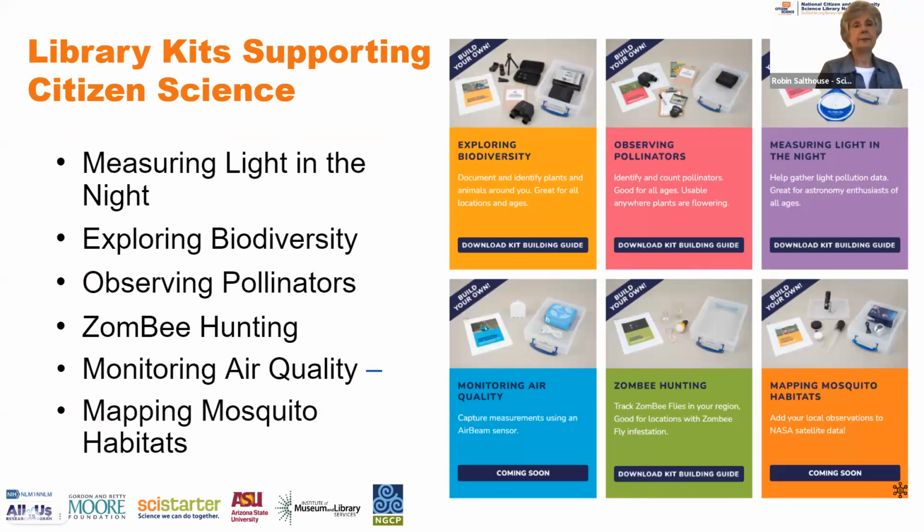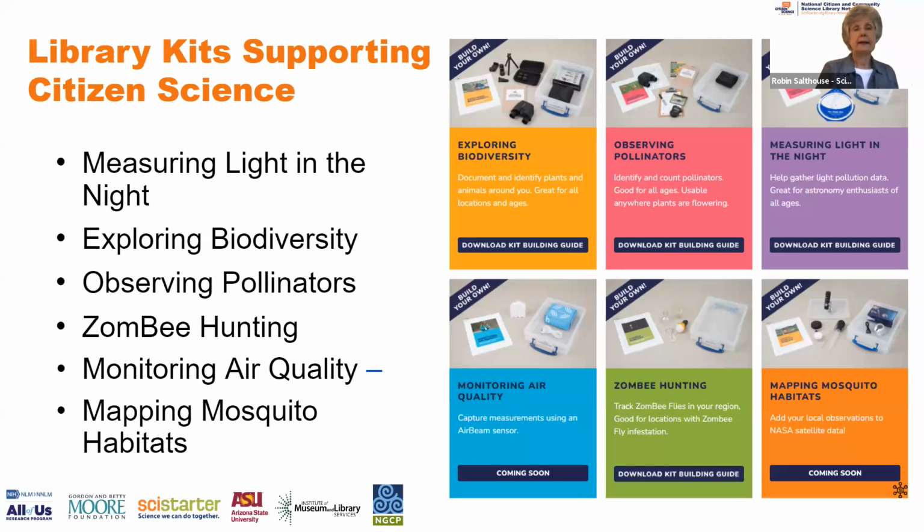But the kits we've developed are Measuring Light in the Night, where you have directions with a specific piece of equipment, the light meter, which the project people request you take outside an hour after the sun sets, preferably on a moonless night, but not necessarily, and just point this light meter up, push a button, take the reading, and then submit this to a real-time map that shows measurements people around the world have recorded.